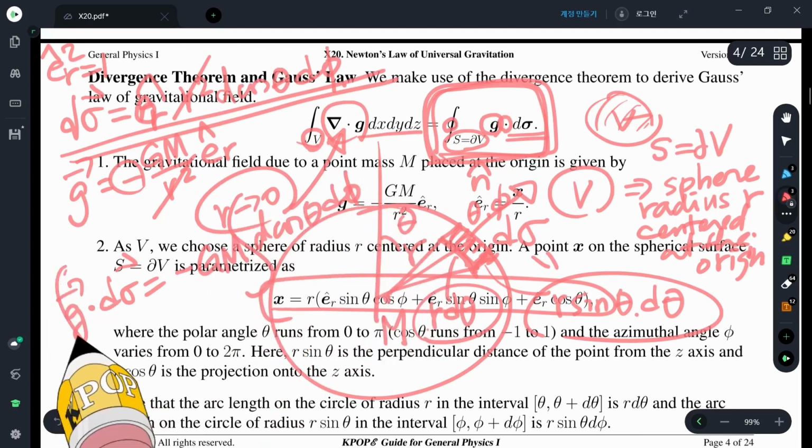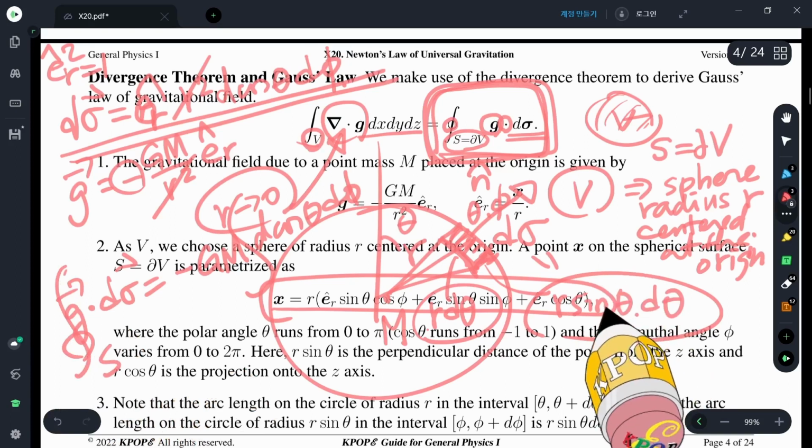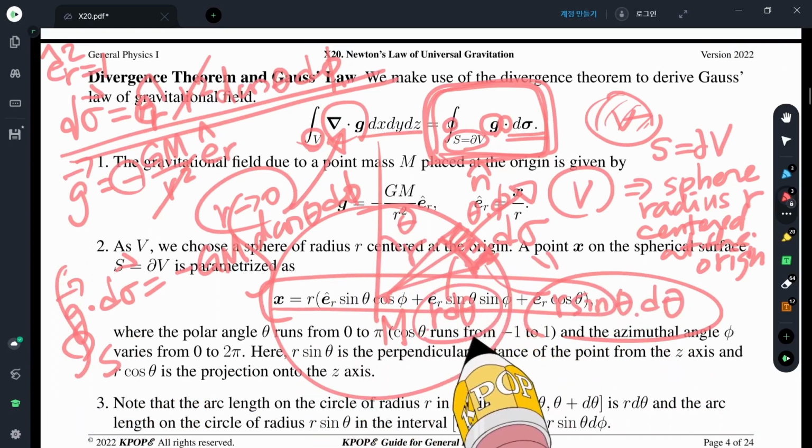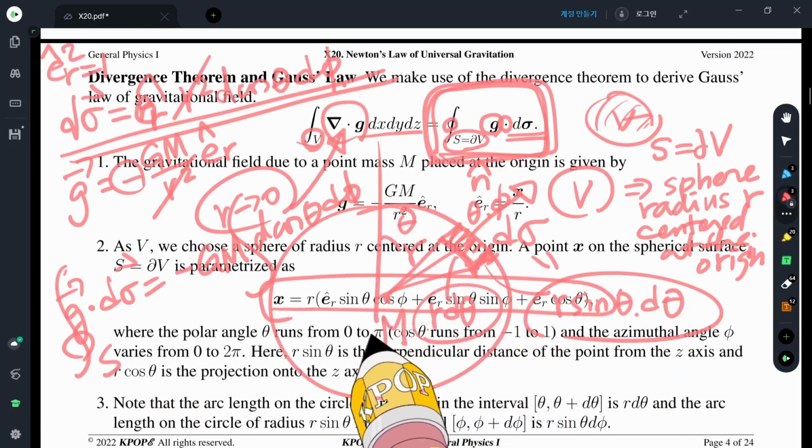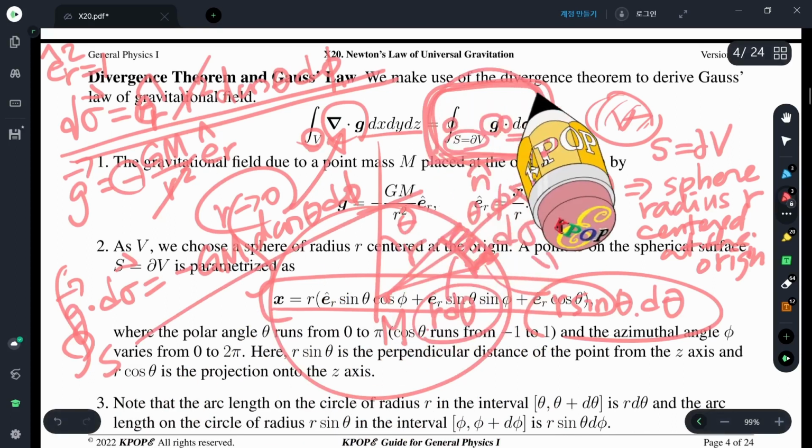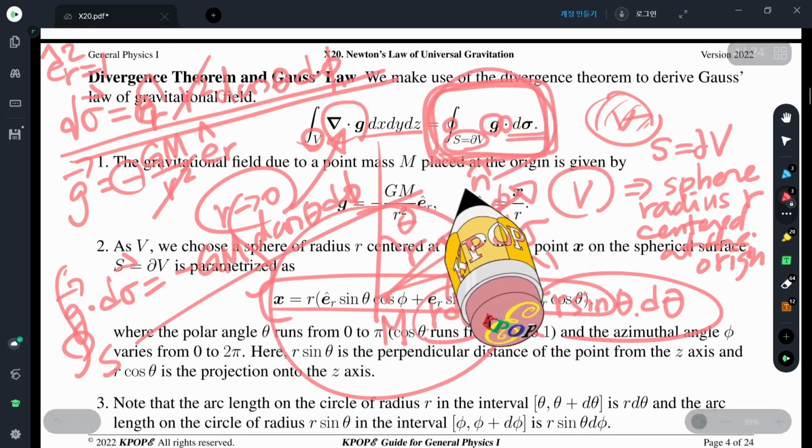This is the integral over a closed surface of a sphere of radius r centered at the origin. Okay, so the right hand side is integrable.